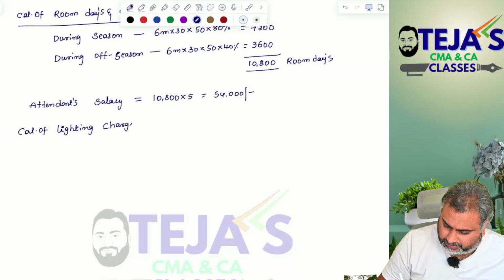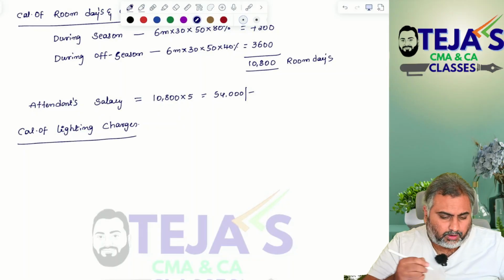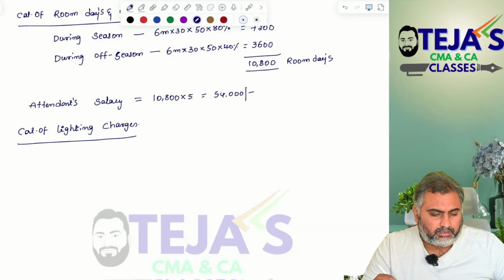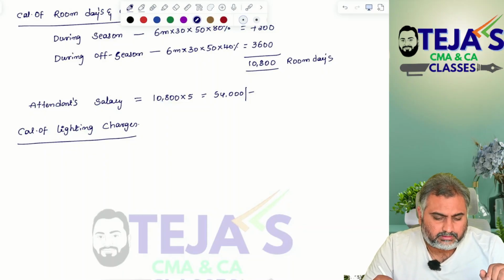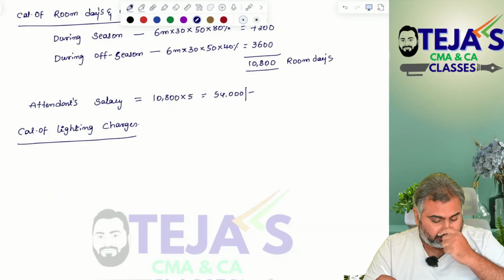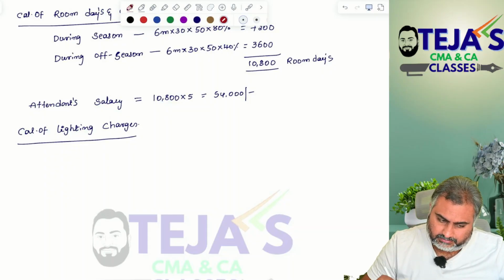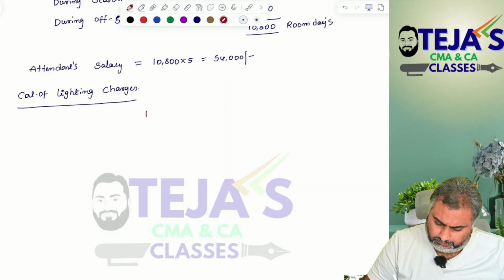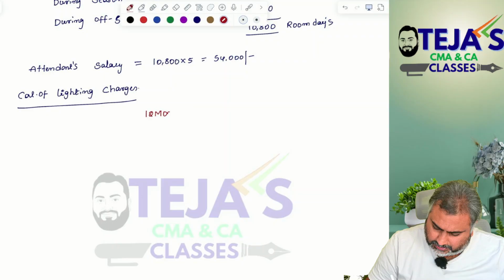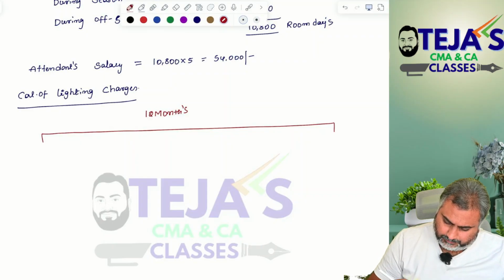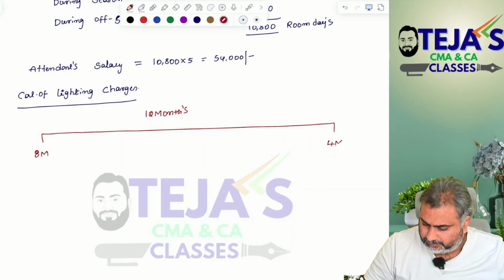Lighting charges. What they said in the given question: lighting charges are 120 per month for 8 months and 30 per month for 4 months. Now see, the total 12 months they are splitting into 8 months and 4 months.